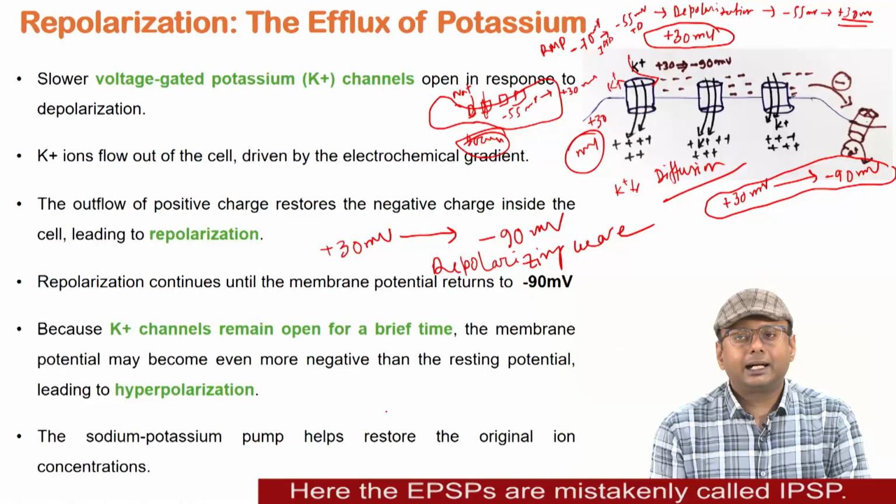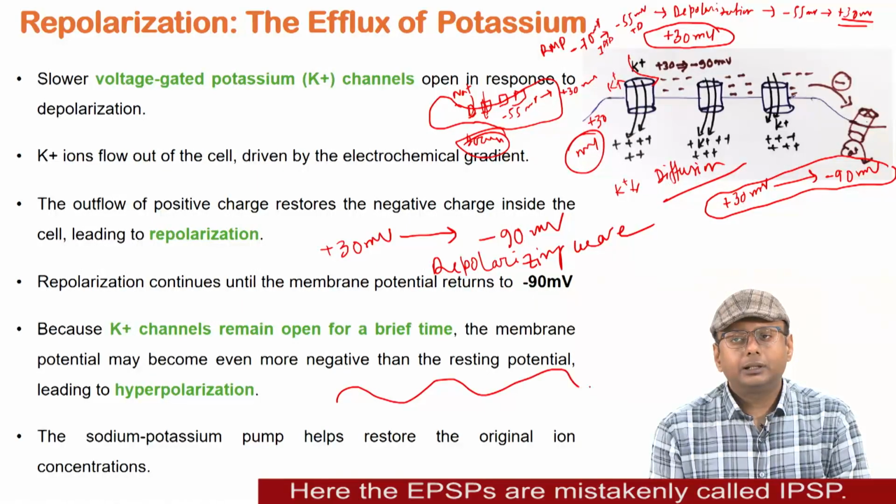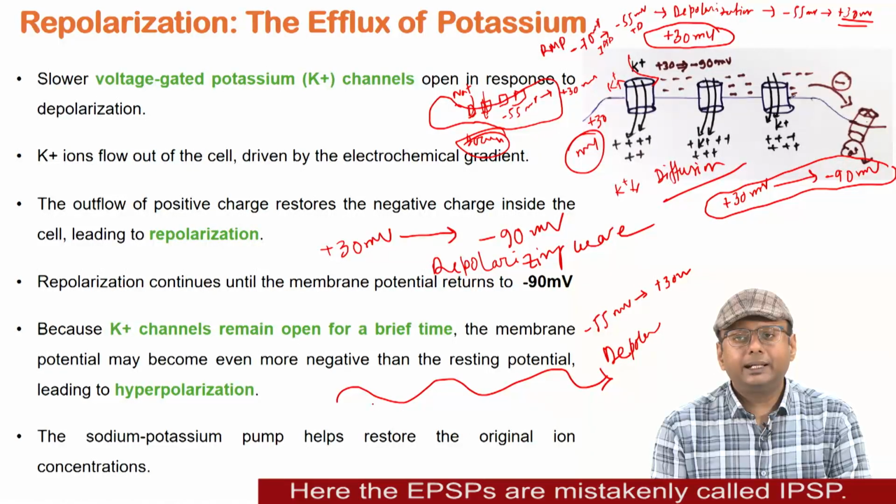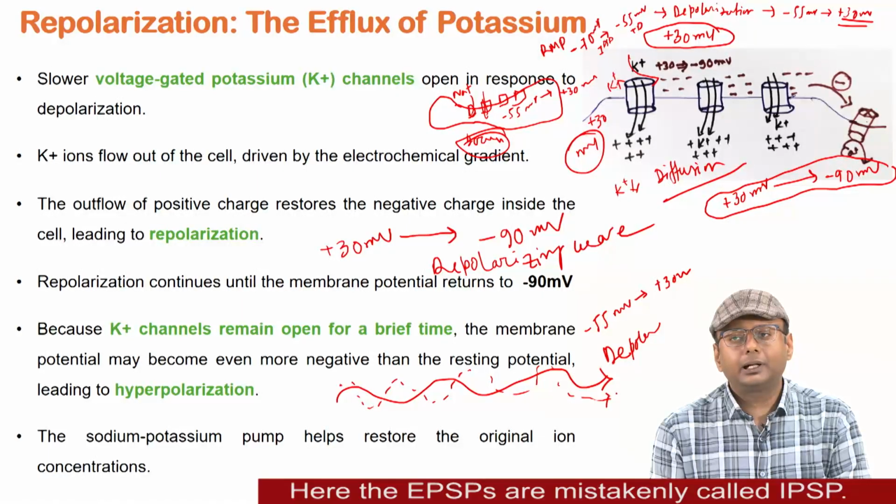So basically in the last slide we saw how the depolarization wave was created, right? So depolarization was about minus 55 millivolt to plus 30 millivolt, and at the very same time we will also see a repolarizing wave which would be about plus 30 millivolt to minus 90 millivolt.